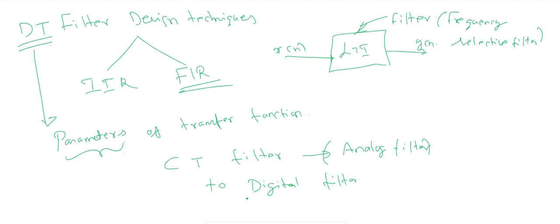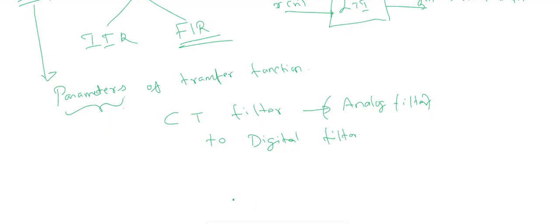Because in the digital domain, the processing of an infinite impulse response is not possible, the direct design of an IIR filter is not possible. In the digital domain, the processing of infinite samples of any impulse response is not possible. Therefore, IIR filters are designed via analog filters.